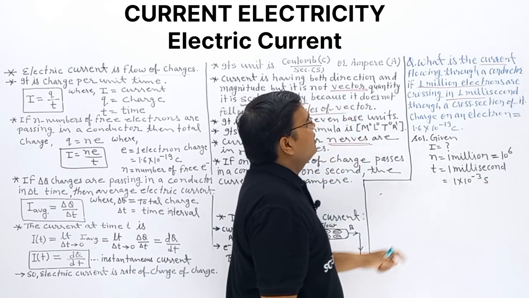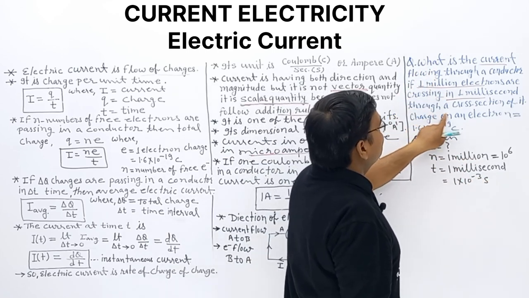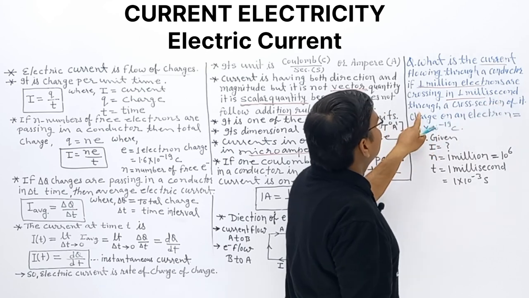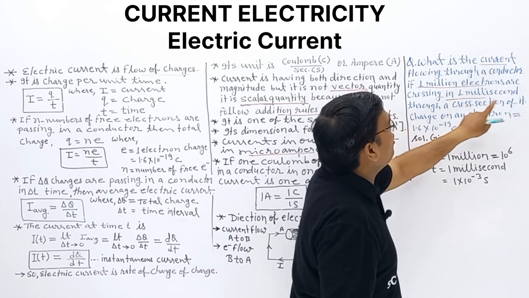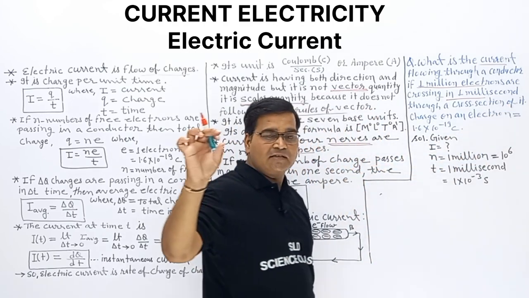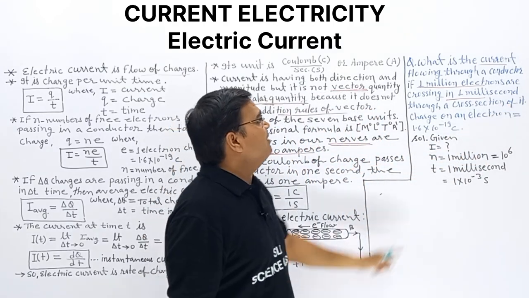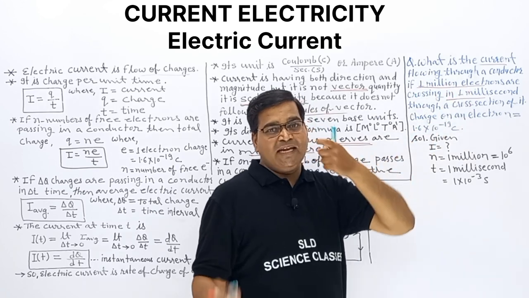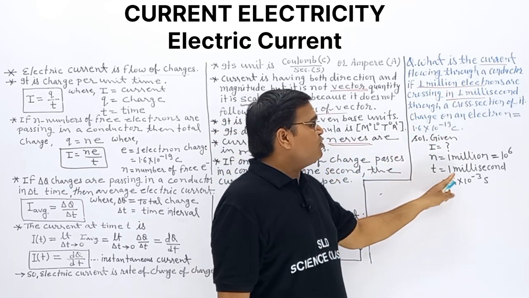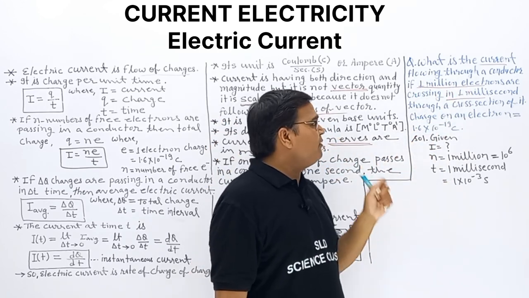What we want is current. So n equals 1 million, time is 1 millisecond, and current we want.